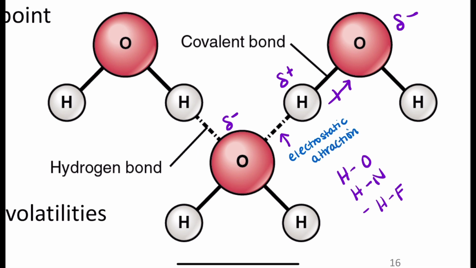It's lost a lot of its electron density to the oxygen it's covalently bonded to, so it forms a hydrogen bond with another molecule. Now, in order to do this, the hydrogen not only needs to be covalently bonded to one of these atoms, but the molecule that it's hydrogen bonding to has to have a lone pair. We don't usually draw them in here, but it must have a lone pair on it as well.